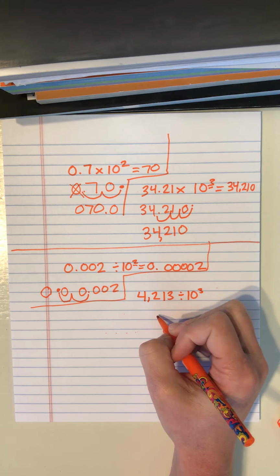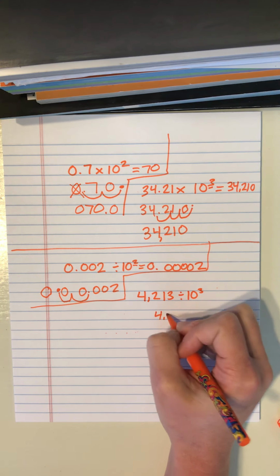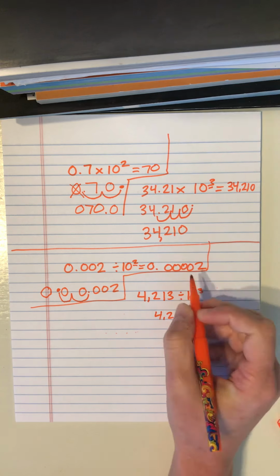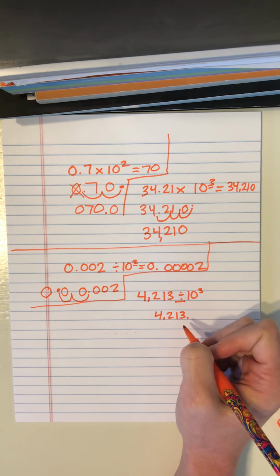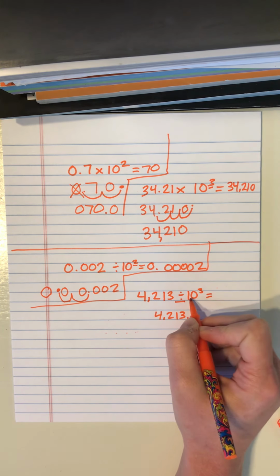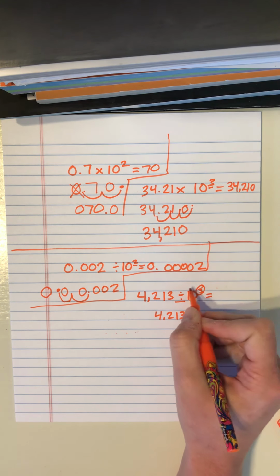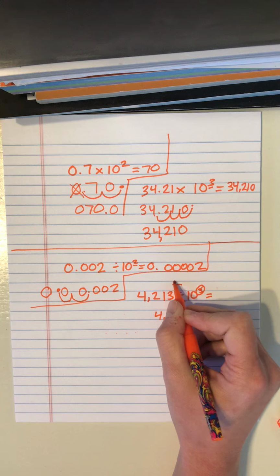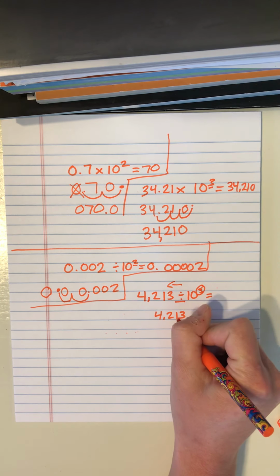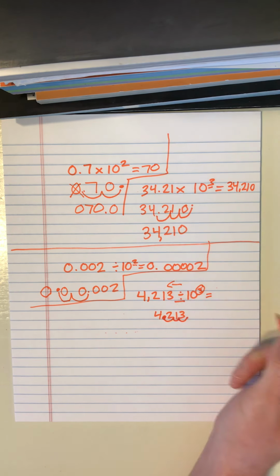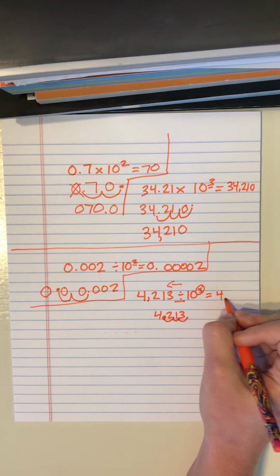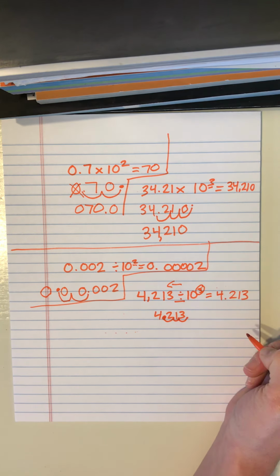Hopefully you said that. You're probably used to me saying that. So I have 4,213. My decimal's at the end. I'm dividing. My answer is going to be smaller because I'm dividing by a whole. My exponent tells me how many times to move my decimal. My symbol tells me I'm going to the left. 1, 2, 3. So my new answer is 4 and 213 thousandths.